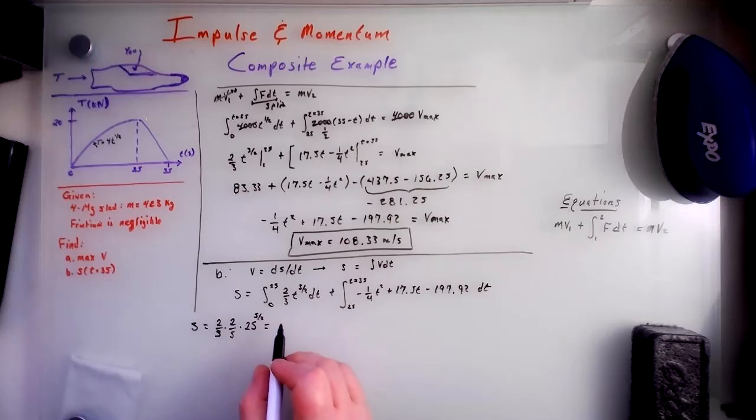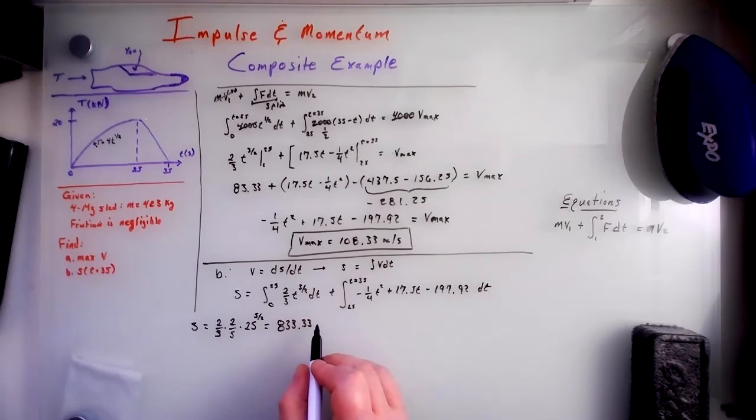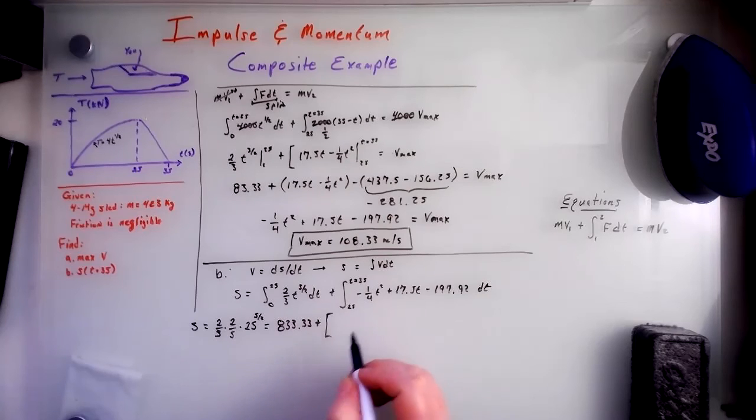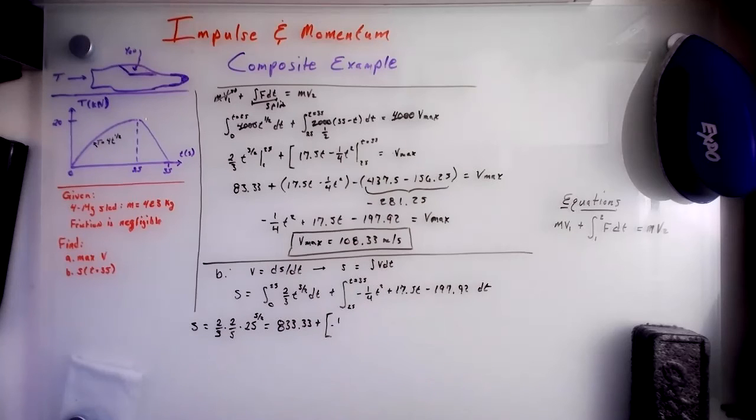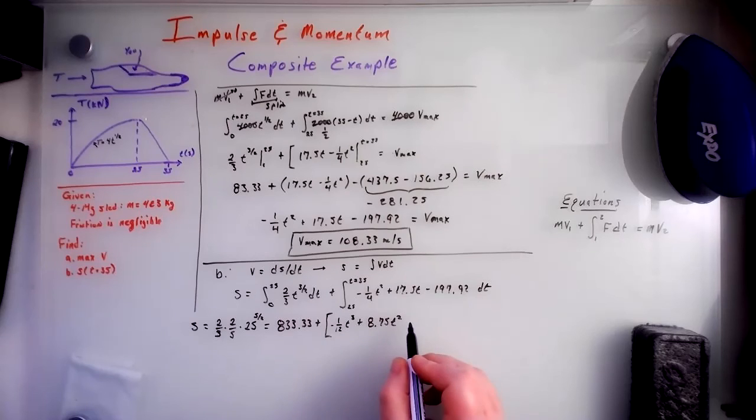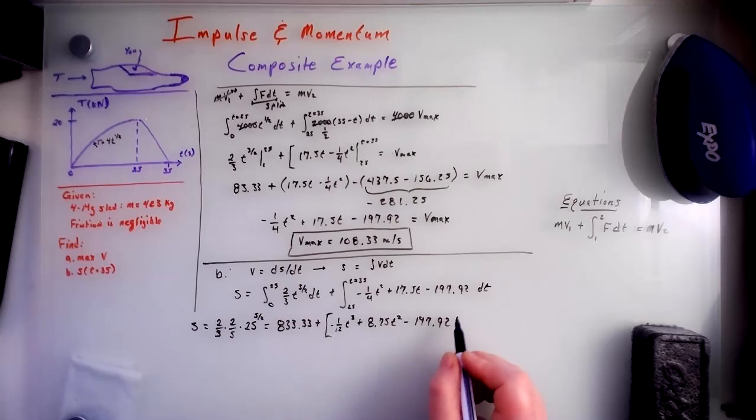When we run this through the calculator, we get 833.33. Plus, this is minus 1/4 t cubed over 3, so minus 1/12 t cubed, plus 17.5 over 2 is 8.75 t squared, and then minus 197.92 t.